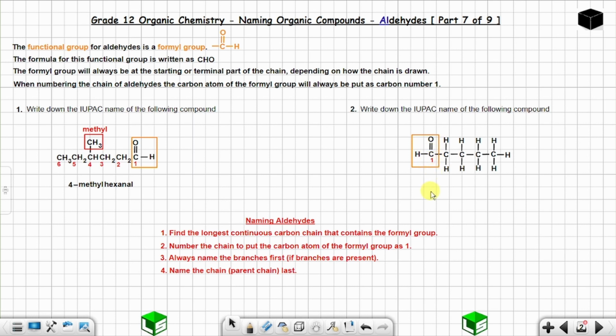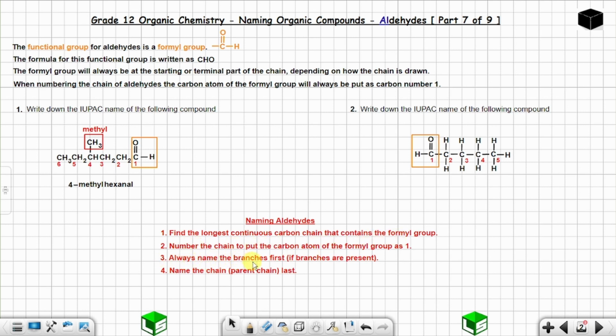The carbon atom of the formyl group will always be your carbon number 1. And from that, now you have 2, 3, 4, 5. So the parent chain is made up of 5 carbon atoms. After you are done numbering, now you are going to name.